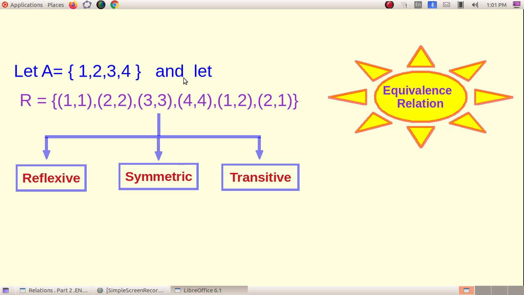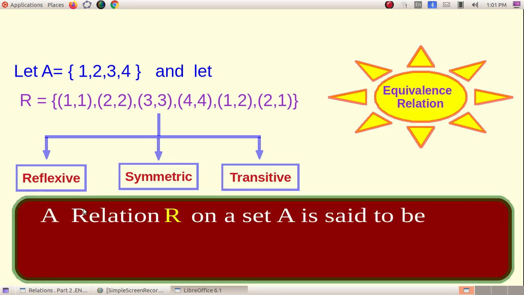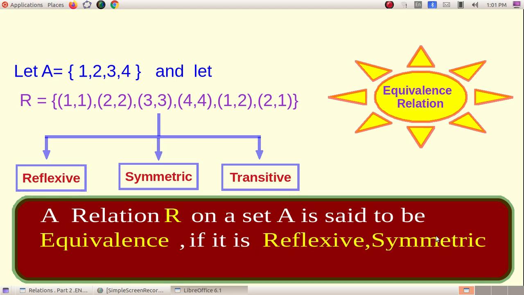Or in short, a relation is said to be equivalence if it is reflexive, symmetric and transitive. Let us write its formal definition. A relation capital R on a set capital A is said to be equivalence if it is reflexive, symmetric and transitive.